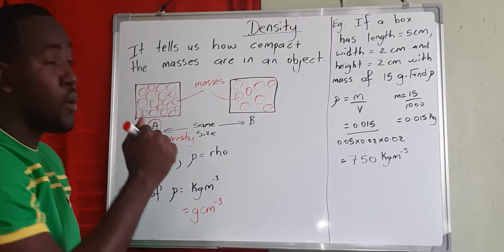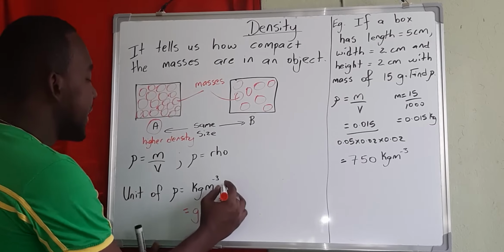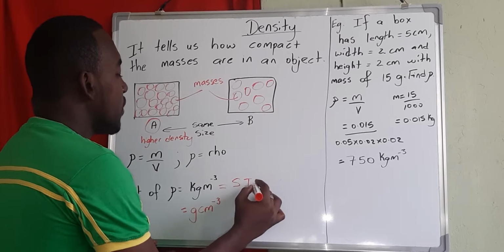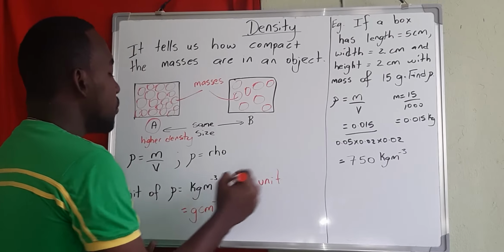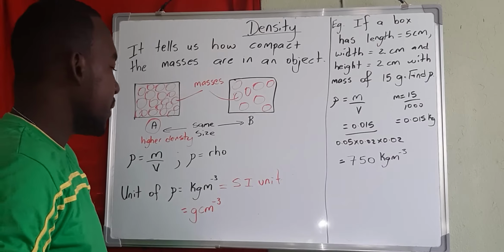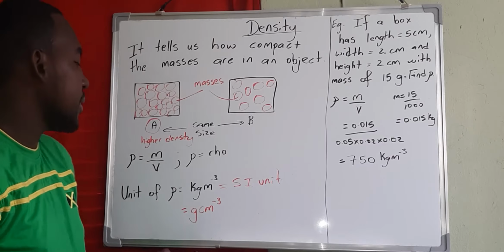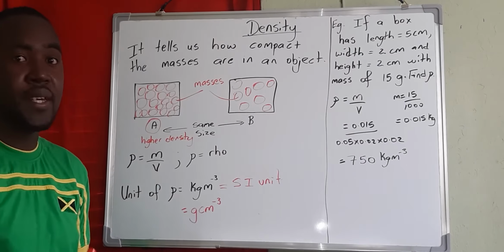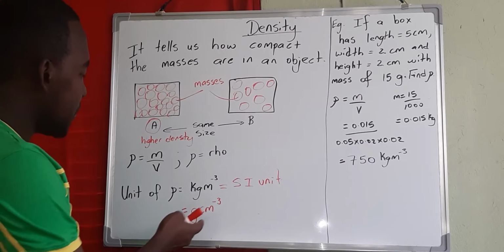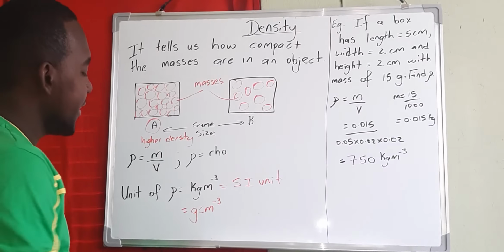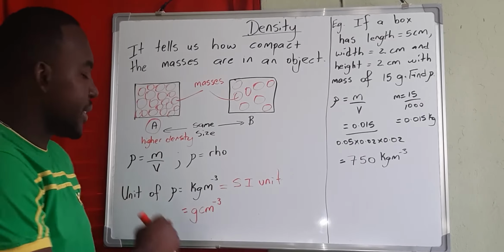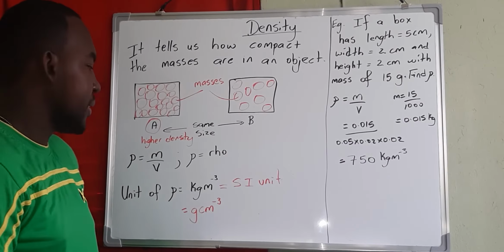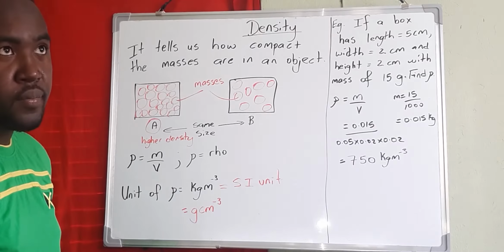It's the same, but once a question asks you for the SI unit, then you use kilogram per cubic meter. And what that tells us is that our mass should be in kilograms while our volume should be in meter cubed. If it asks you for gram per cm cubed unit, then that means your mass should be in grams and your volume should be in cm cubed.